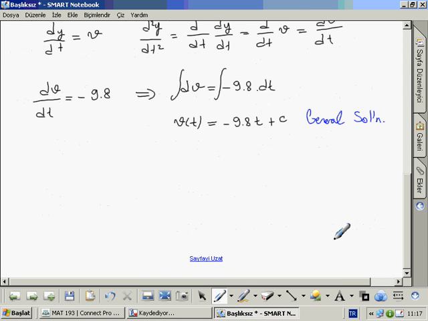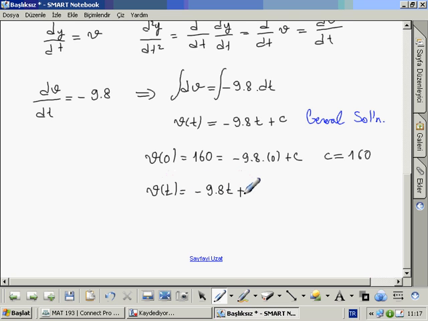After that we know that v0 is equal to 160, which equals minus 9.8 times 0 plus c, and that means c equals 160. So v of t equals minus 9.8t plus 160. That's the particular solution.